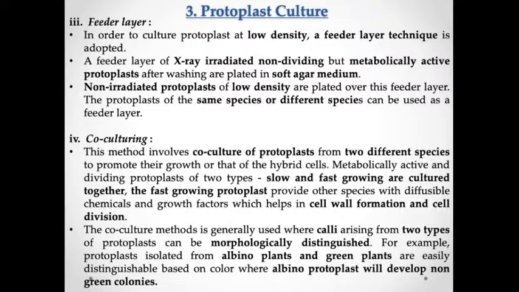The co-culture method is also generally used in callus culture, arising from two types of morphologically different protoplasts. For example, we use this method for albino and green plants, which are easily distinguishable based on color, where albino protoplasts will develop non-green colonies.